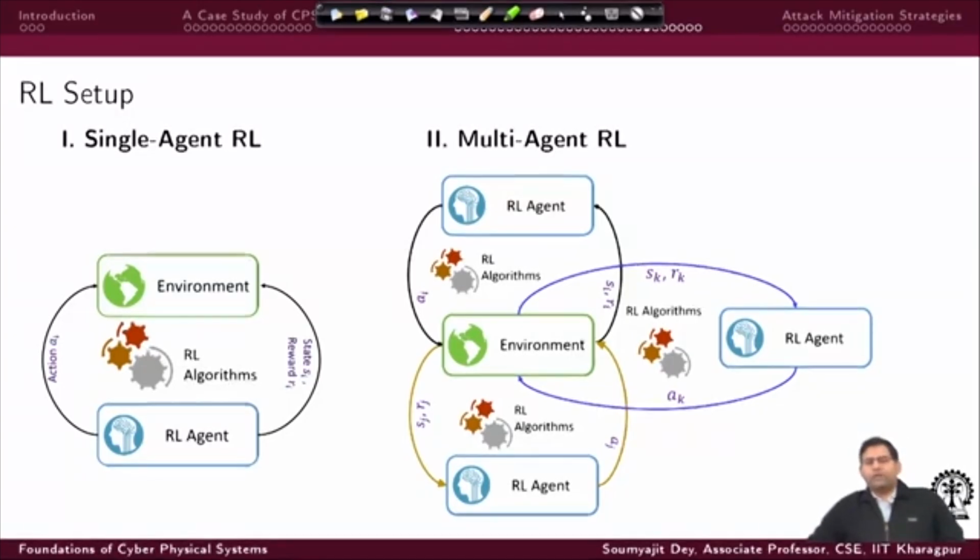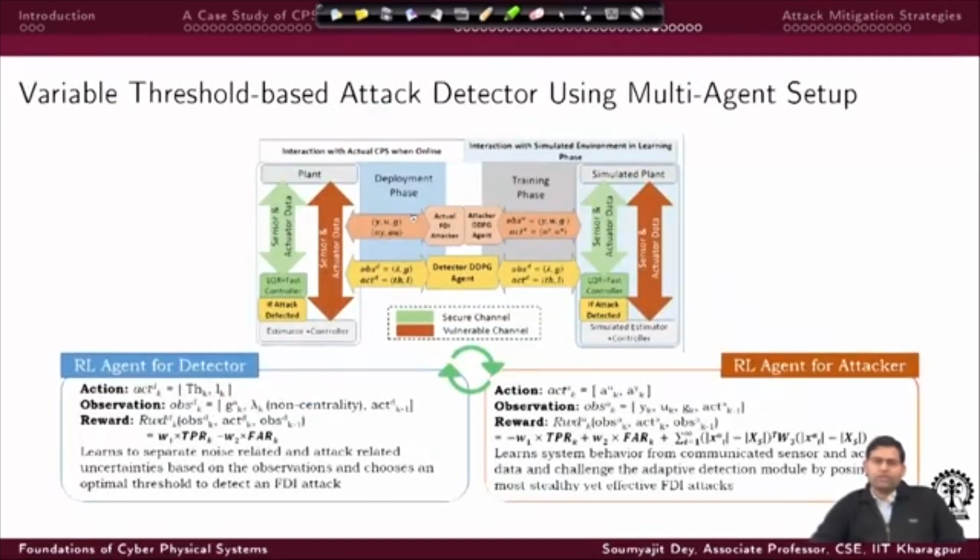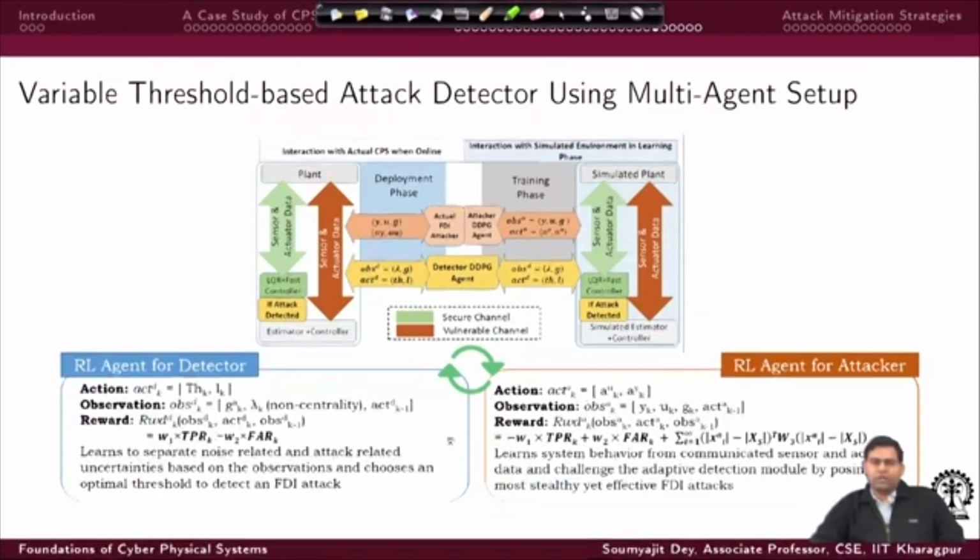In this case, if I try to map it, the attacker is trying to generate actions like AY and AU, and what it observes as reward is the maximum amount of error I am able to induce into the estimation, and whether I am able to create stealthy attacks in the process. So, based on that, you can create one agent for the attacker and one agent for the detector.